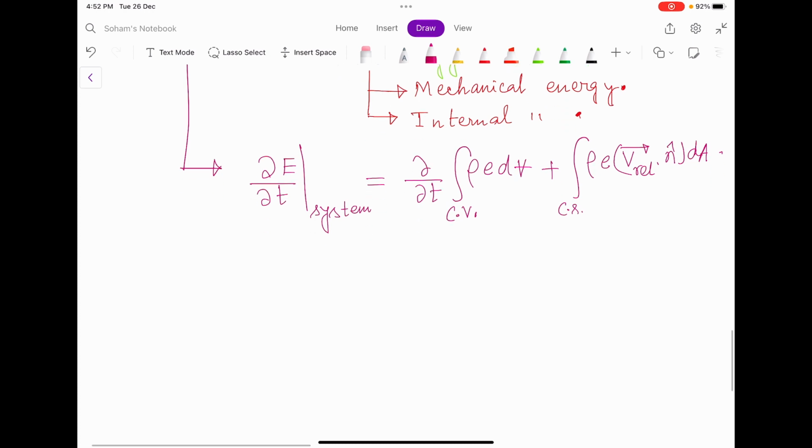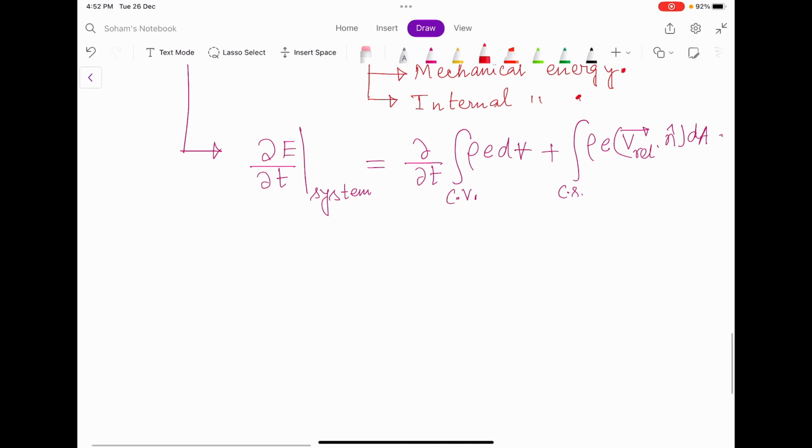So I can write this. This is the basic RTT, the Reynolds Transport Theorem. This term basically is the reason because of which the change in energy in any control volume or in any system occurs, because in this term I have the system. So this term depicts the reasons for the change in energy in any system.